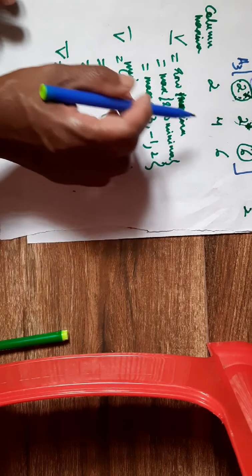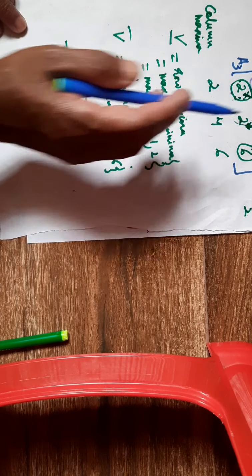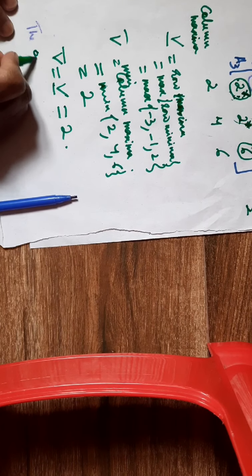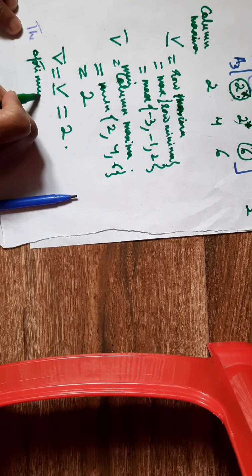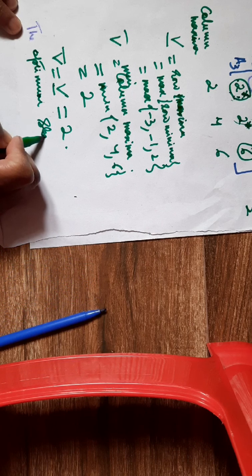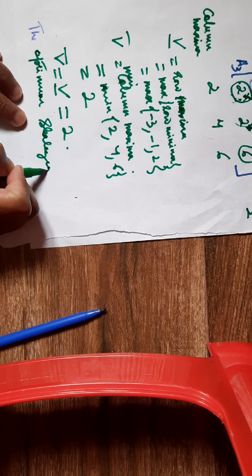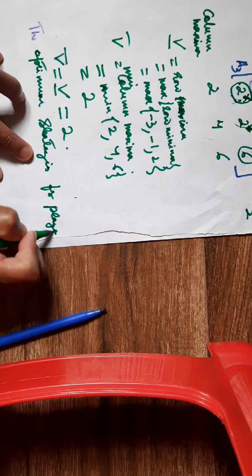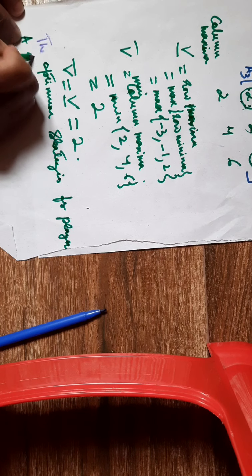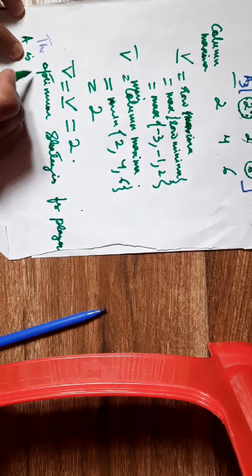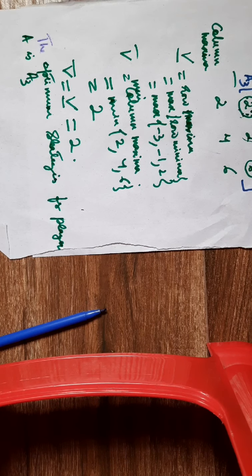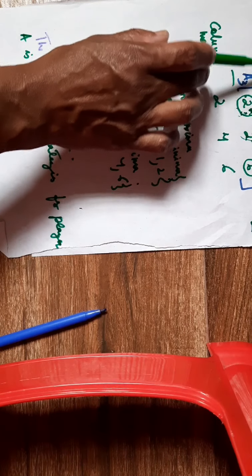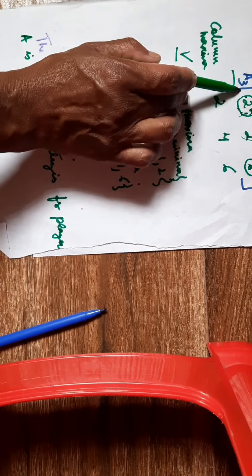Now you can see from here, since it occurred in this position, the optimum strategy for player A will be A3. So the best strategy to be applied by player A is A3.